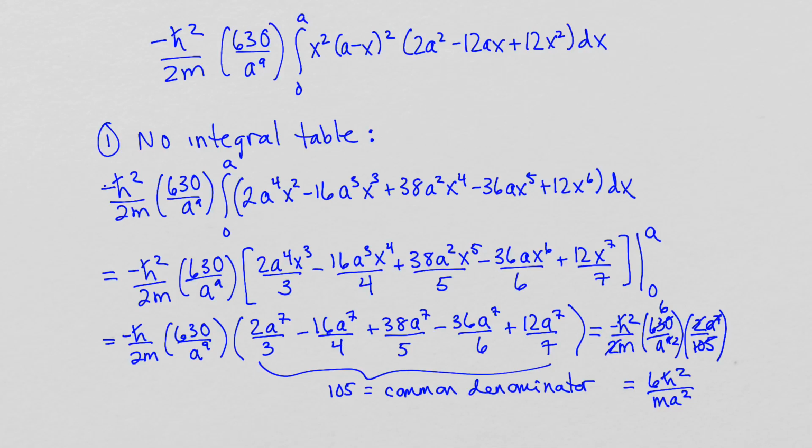Oops, and there's a negative. That was a negative in there. That's where our negatives cancel. So all comes out well with our world. Okay, so that was the end result that we were looking for. So 6 h bar squared over m a squared.